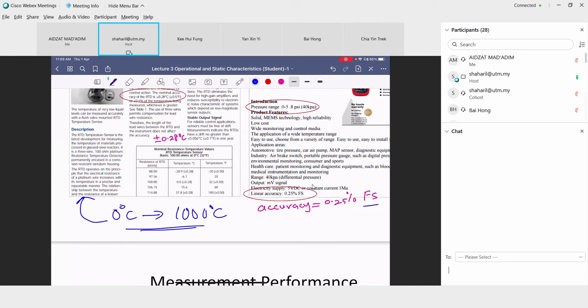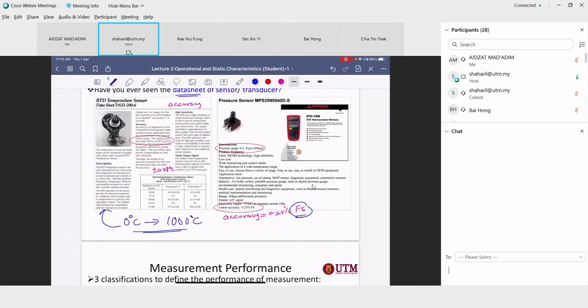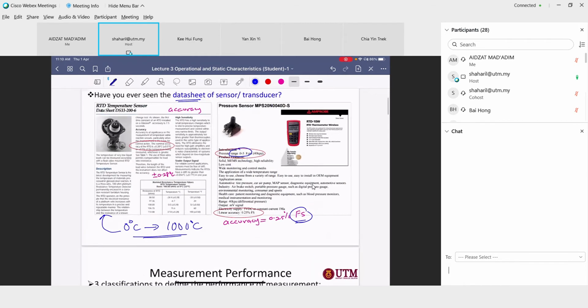And some data sheets show the range, 0.5 to 5.8 psi, and that it can go to a range of 40 kPa, and then the electric current and so on. So this is what you get from the data sheet of the transducer or sensor that you are going to use.